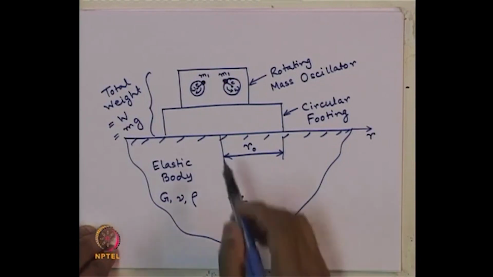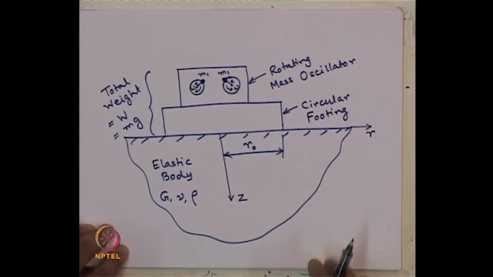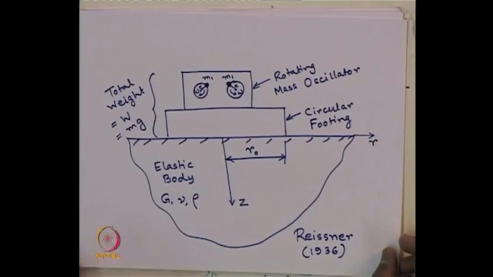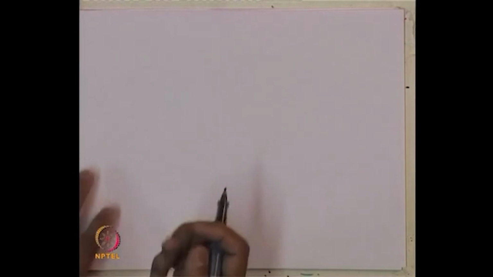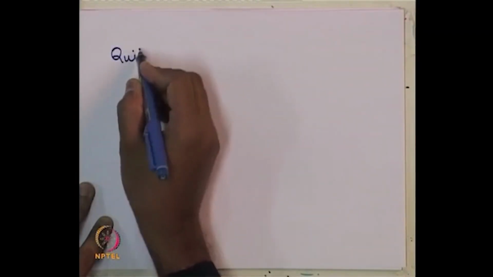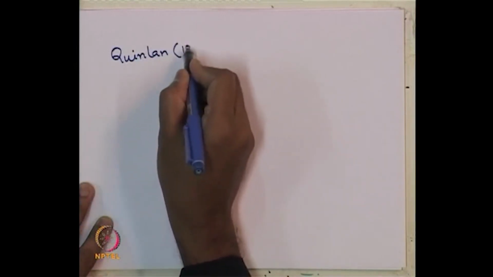So, the vertical displacement when it is subjected to vertical mode of vibration for this type of model, as originally proposed by Reisner in 1936, was further analyzed and given by two researchers differently from different places, but their format was the same.